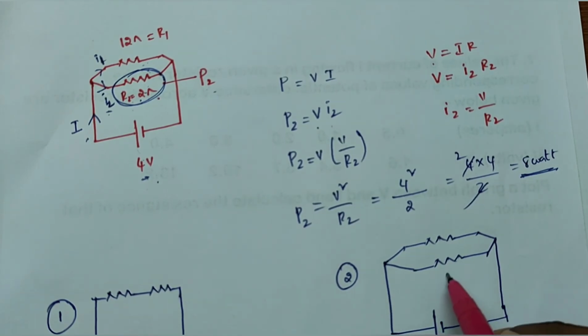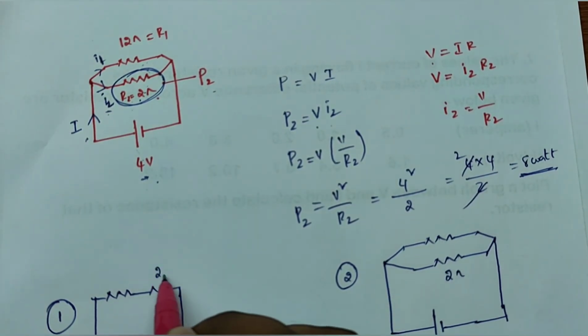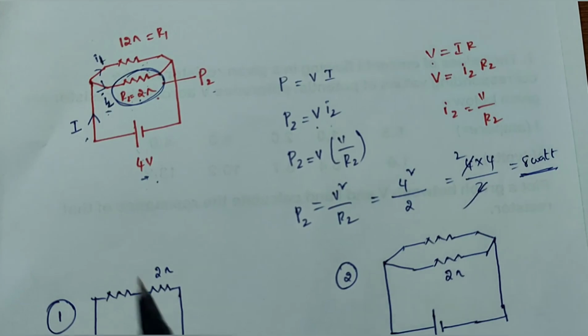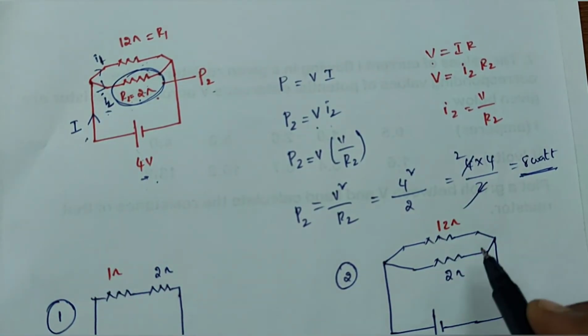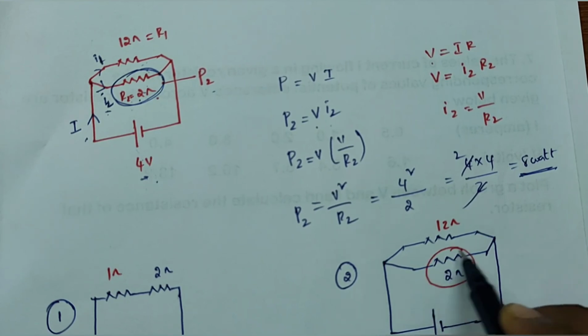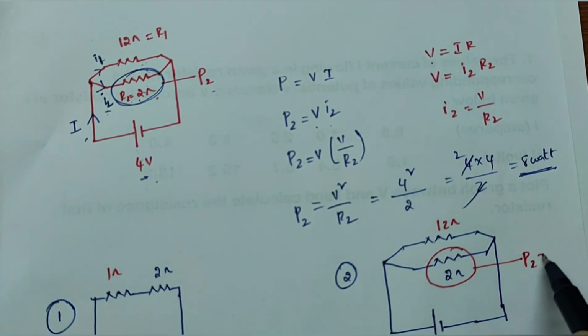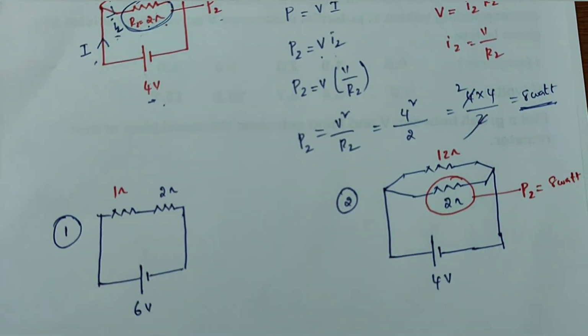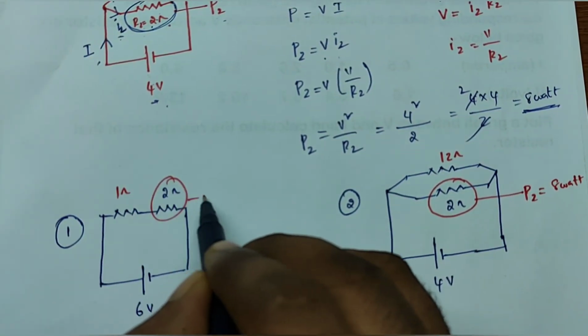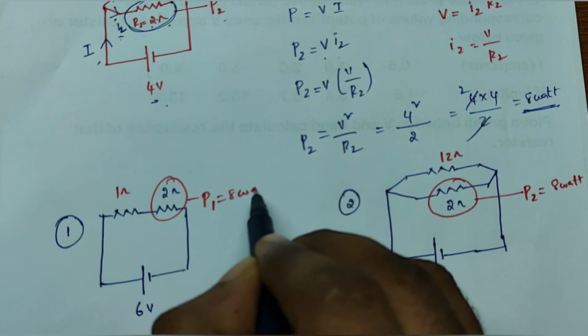The power dissipated by the 2 ohms resistor we consider as P2, which is 8 watt in this case. And the same way the power dissipated by the other one we considered as P1, in this case also 8 watt only.